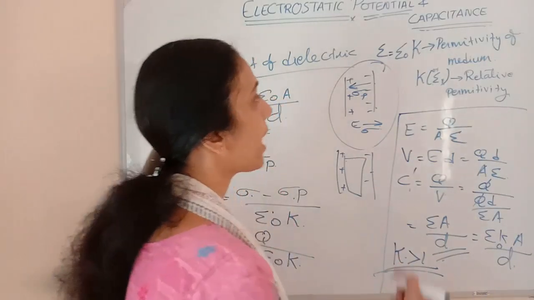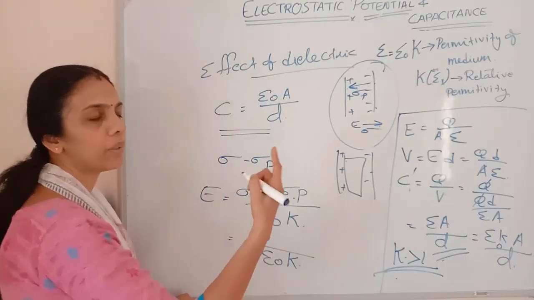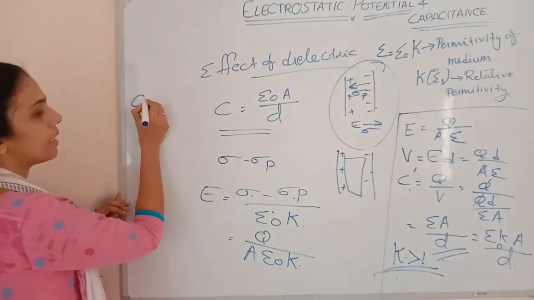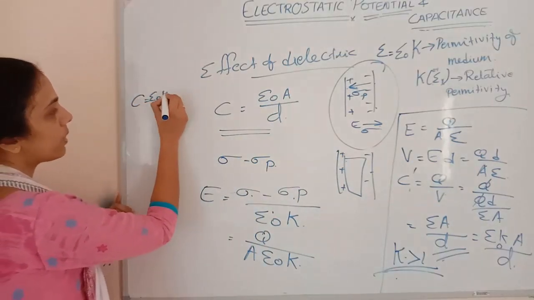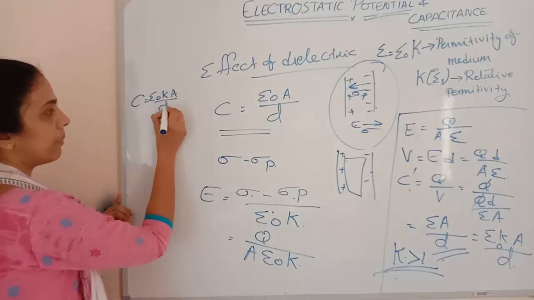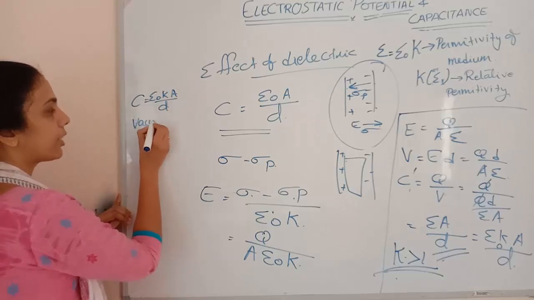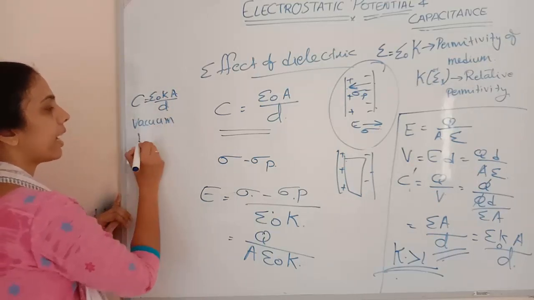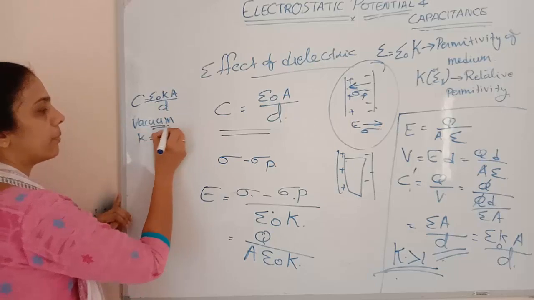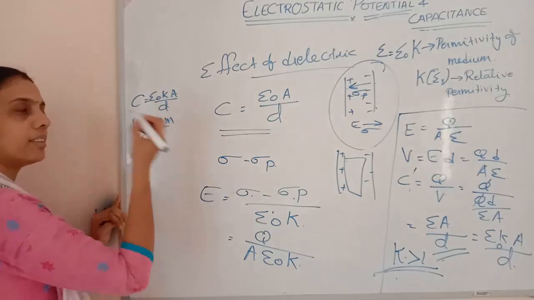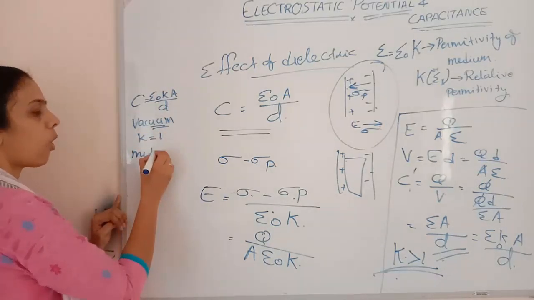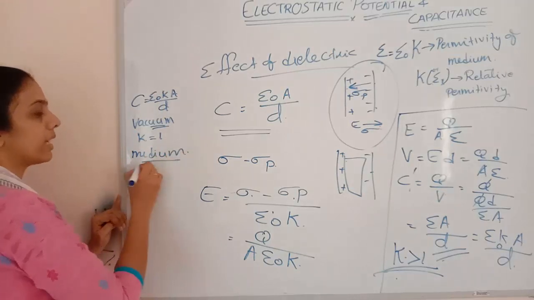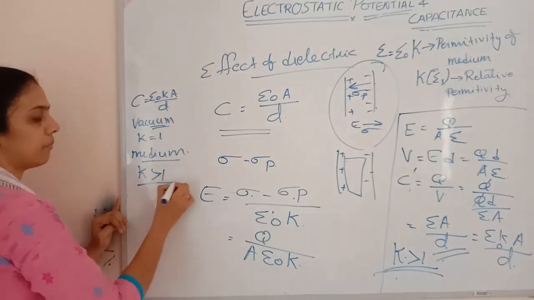So C equals epsilon 0 K A by D, but in the case of vacuum, this K will be equal to 1, and in all other media, K will be greater than 1.